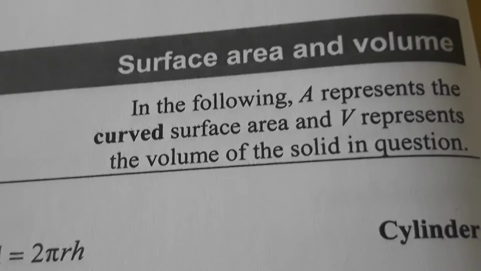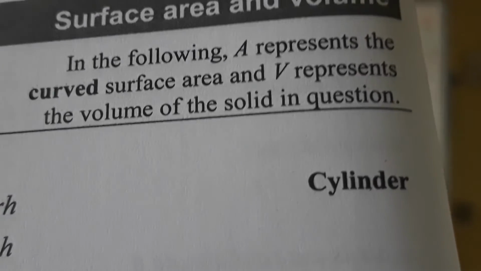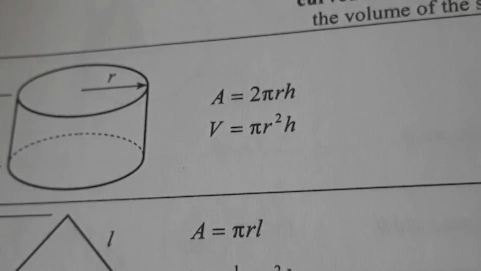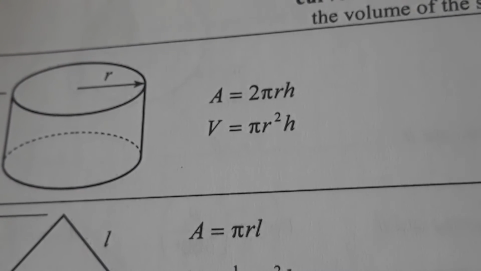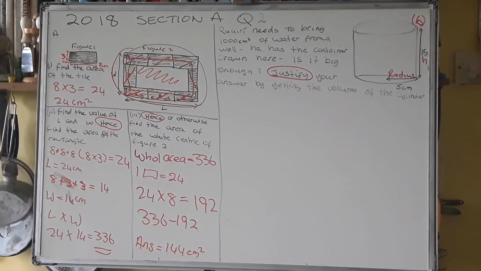Page 10. And at the top it says surface area and volume. And it tells you A represents the area and V represents the volume. And the first one you have there is your cylinder, and tells you that the volume, the V, which is what you're looking for, is pi r squared h. Okay? Focus back in on the board.